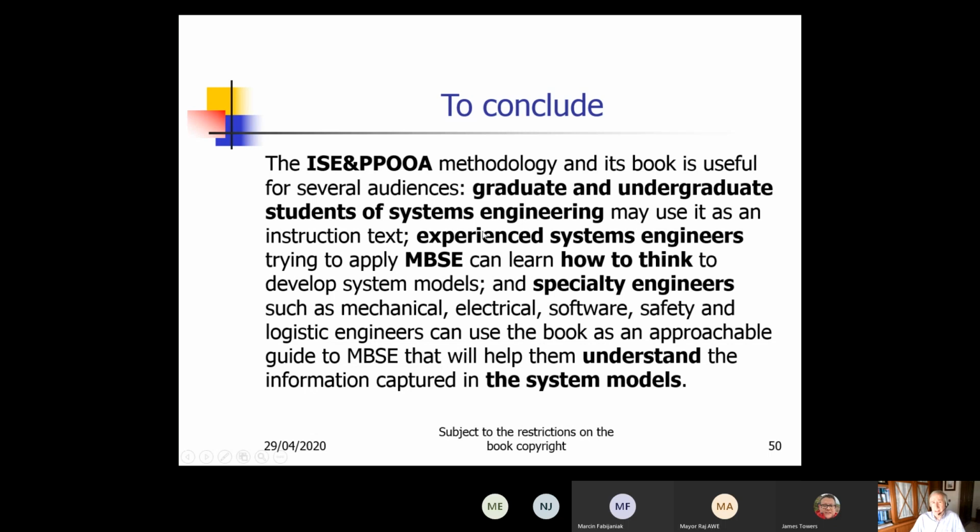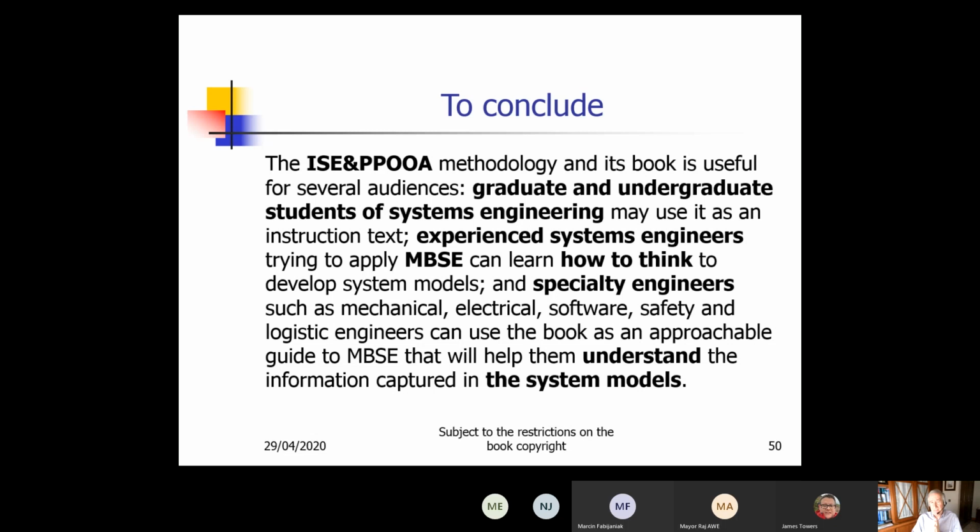I think we can help also systems engineers to apply SysML and to apply this best practice related with model-based engineering. And also we have to teach the specialty engineers, electrical engineers, software engineers, mechanical engineers, to understand the models created by the systems engineers.